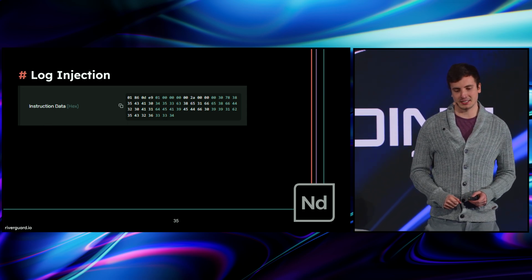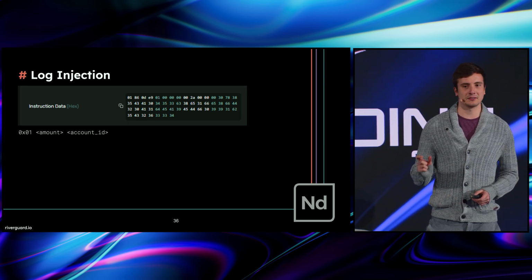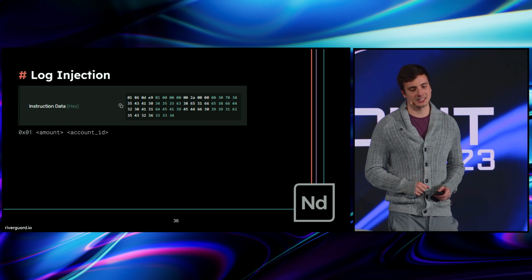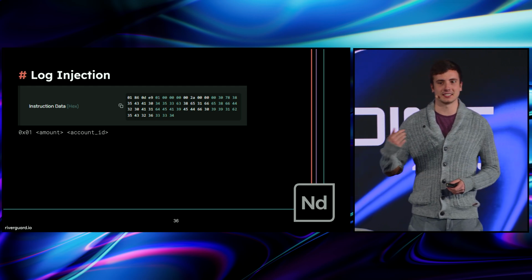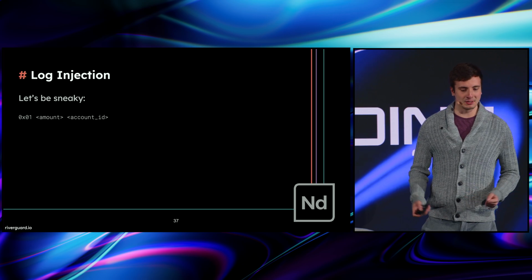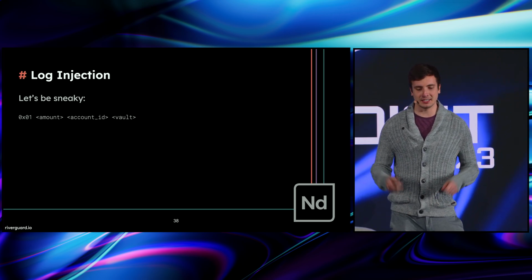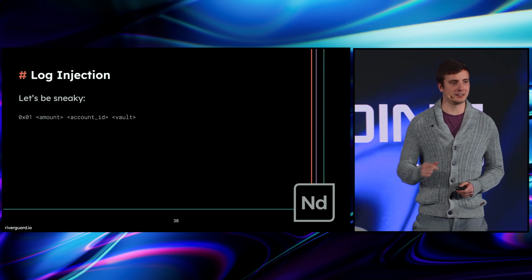And it turns out that the instruction format is just the ID of the instruction, then the amount to be transferred, and then the last whole bit is just a string, which in this case is the account ID. And so let's just be sneaky, a classic idea in computer security, just append stuff at the end. In this case, we try to append the vault at the end of the account ID.